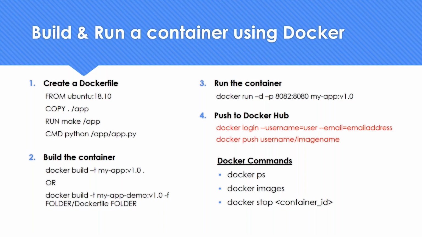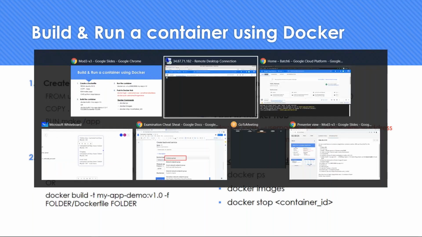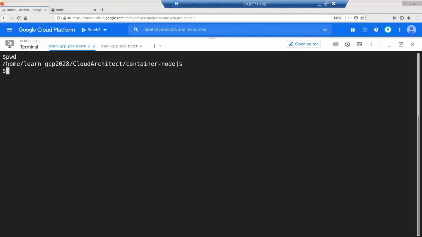The dot indicates what content you need to copy and where your Dockerfile is. In my case, in this folder, container-j node.js, I have my Dockerfile and my server.js file also.